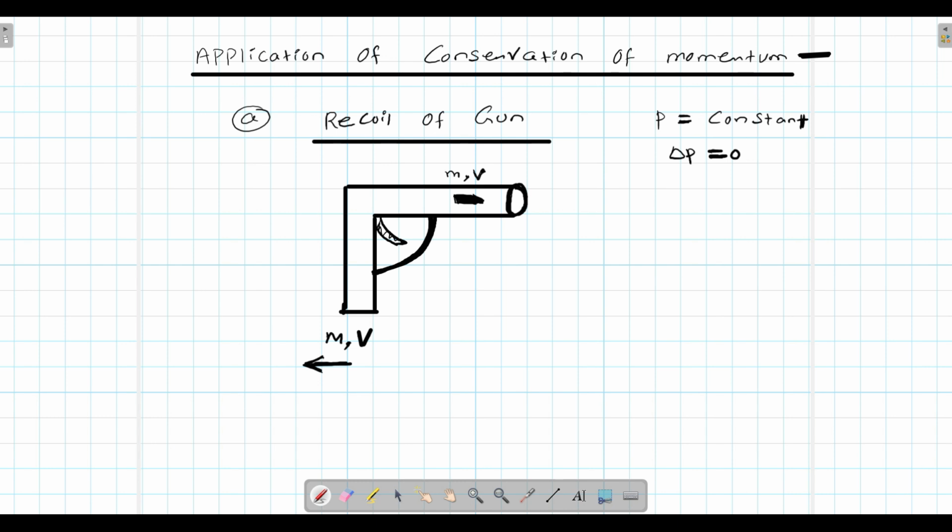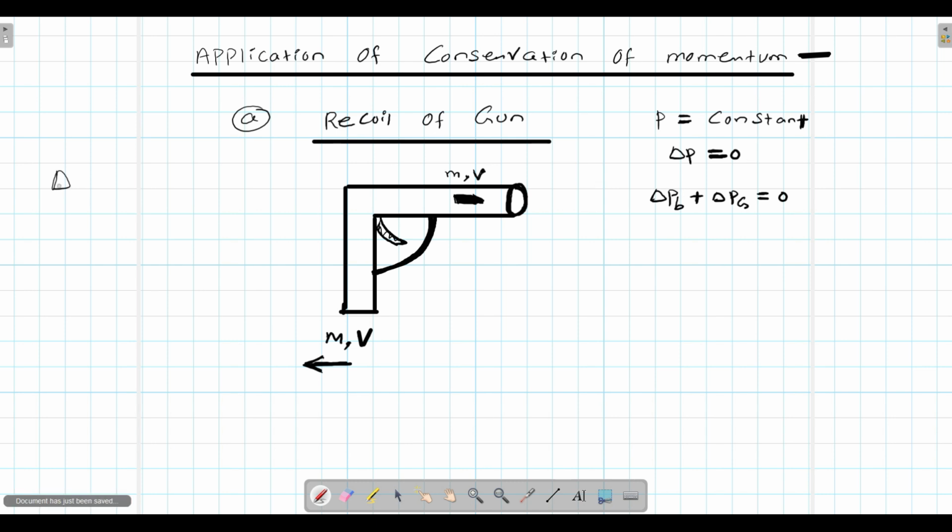So change in momentum of bullet plus change in momentum of gun equals 0. So what would be the change in momentum of the bullet?